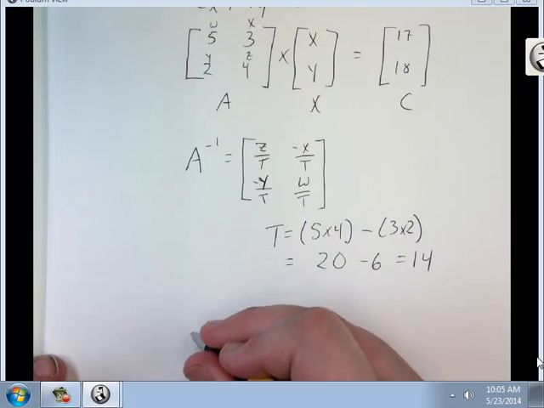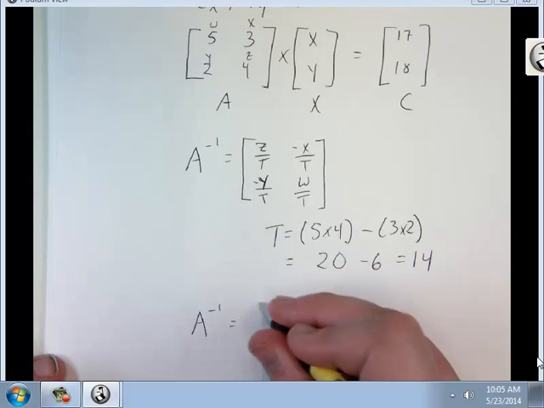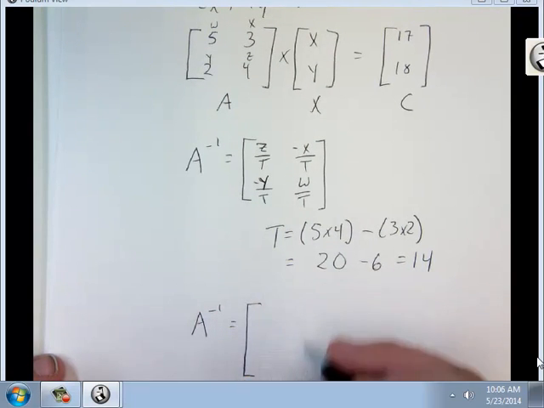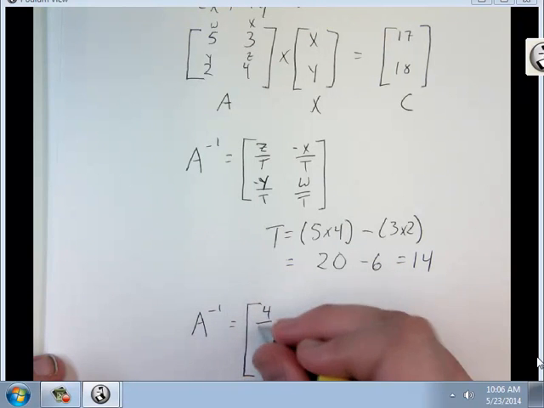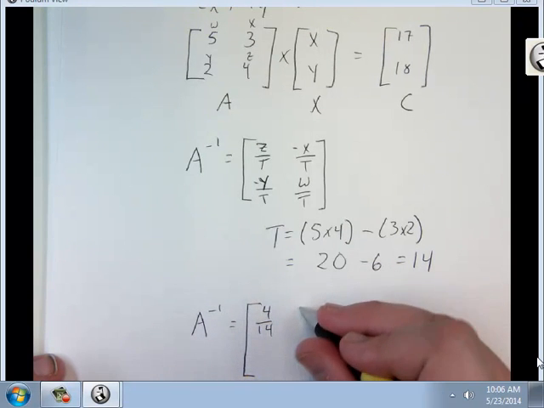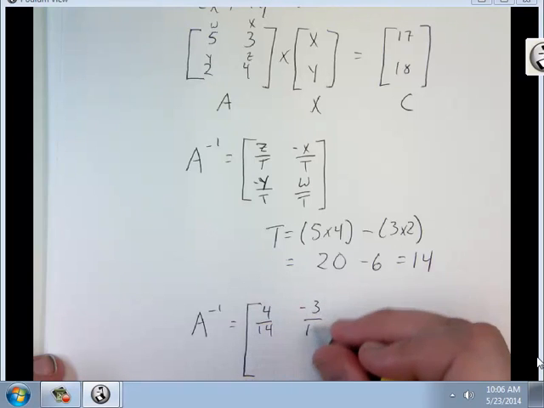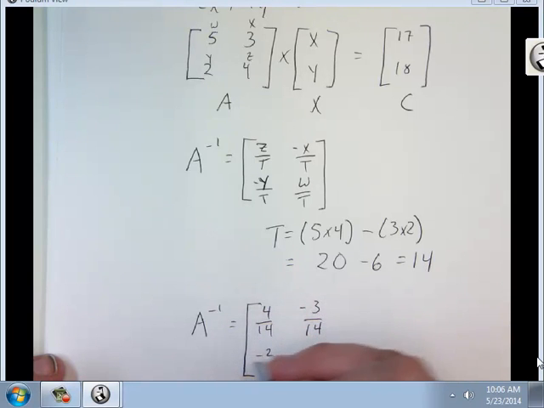So A to the minus 1 equals 4 over 14, negative 3 over 14, negative 2 over 14, and 5 over 14.